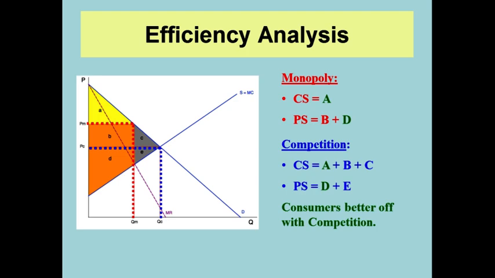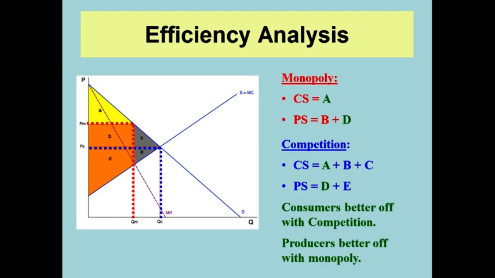But what about producers? Are producers better under monopoly, or are they better off under competition? Well, hopefully you can see that producers are better off with monopoly, right? Producers don't want competition, they want monopoly.